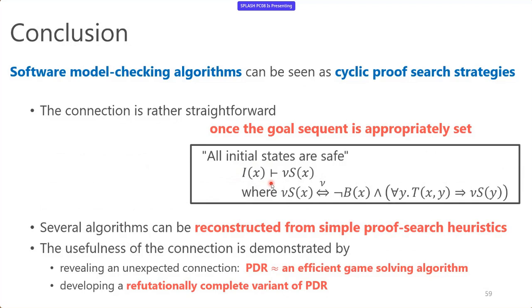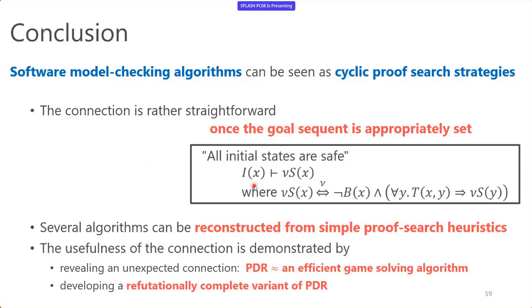In that case, we can directly apply software model checking techniques to discharge goal sequents like this. Our ongoing work is to extend the software model checking techniques to more general goal sequents, which is non-trivial, as we pointed out. Yeah, it's ongoing. I have no answer now, but yeah.